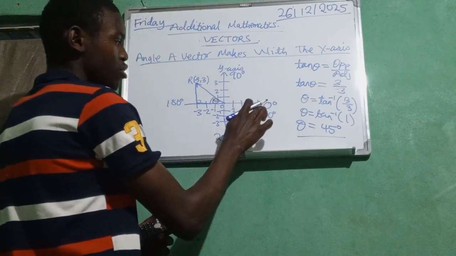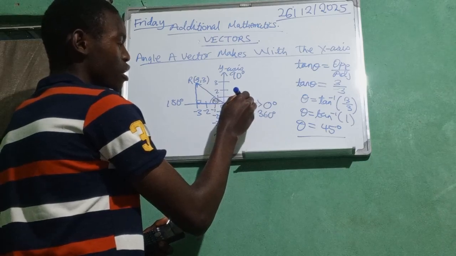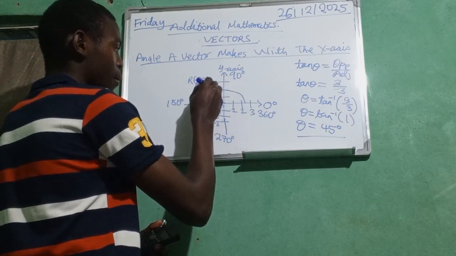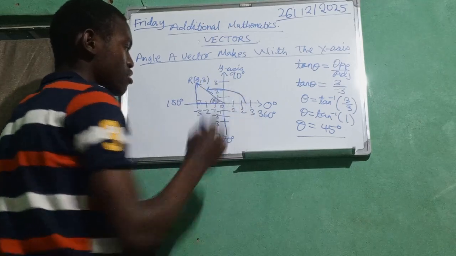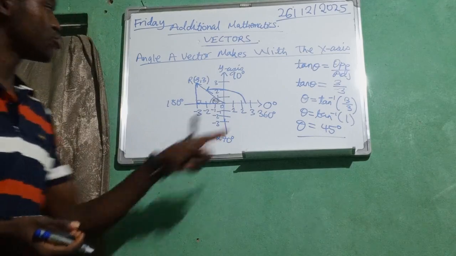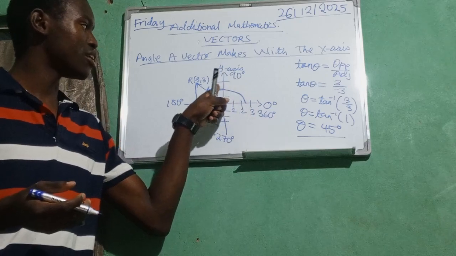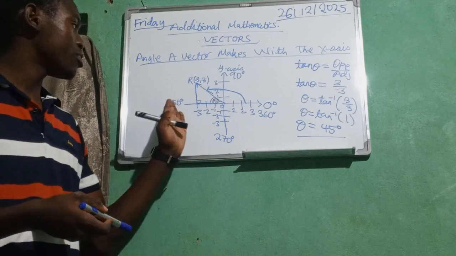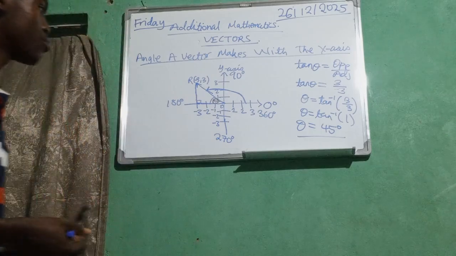So since our reference point is 0 degrees, the angle that we are looking for is from here going to there. This is the actual angle in question. So from the x-axis, 0 degrees, here is 90 degrees. We're looking for an obtuse angle in between 180 degrees and 90 degrees. That is what we are looking for.